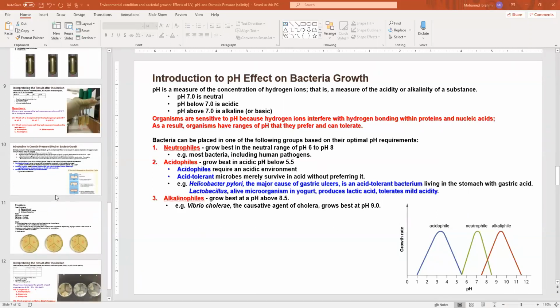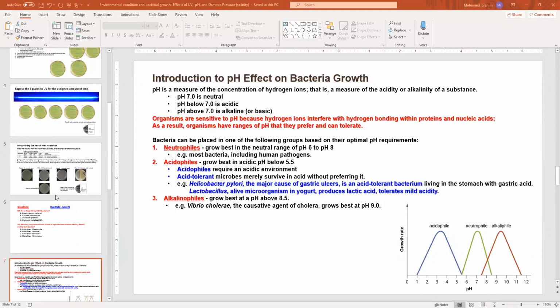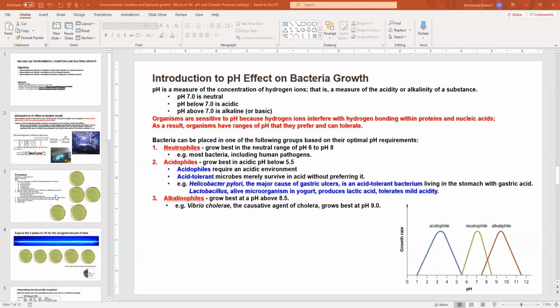Again, here, those are other environmental conditions that can affect the growth rate of any bacteria. If you look clearly here, based on pH and how bacteria can grow in different pH, those can be divided into three major groups.